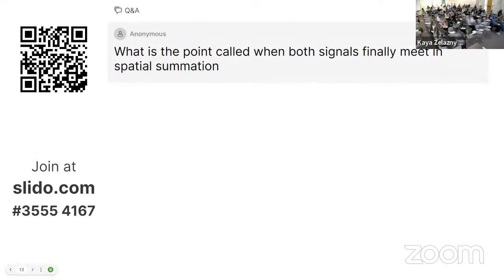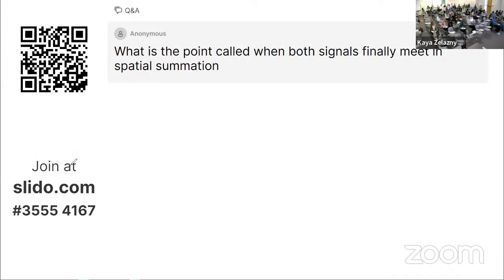Oh, perfect. Okay, so the point where the signals are meeting, when we're thinking about our neuron, and I think that yellow probably wasn't showing up super well, so I'm going to do orange. Our neuron is going to have dendrites and a soma.